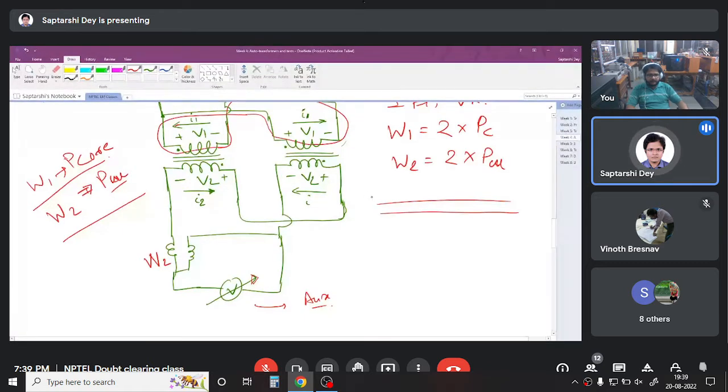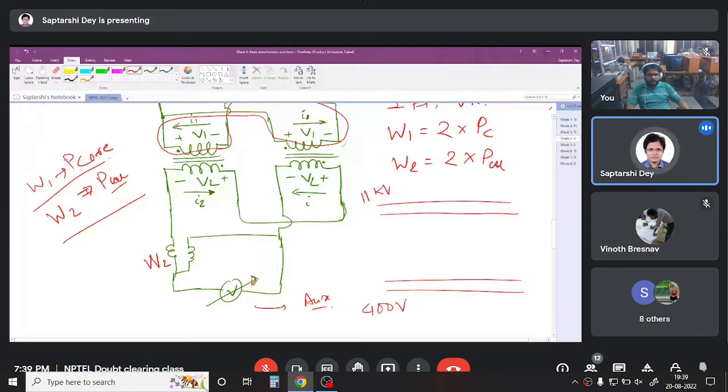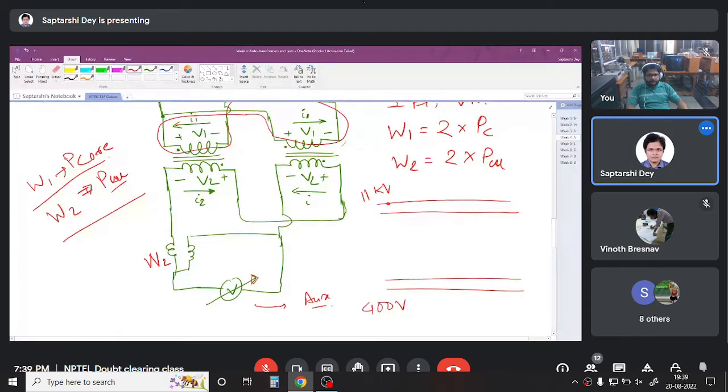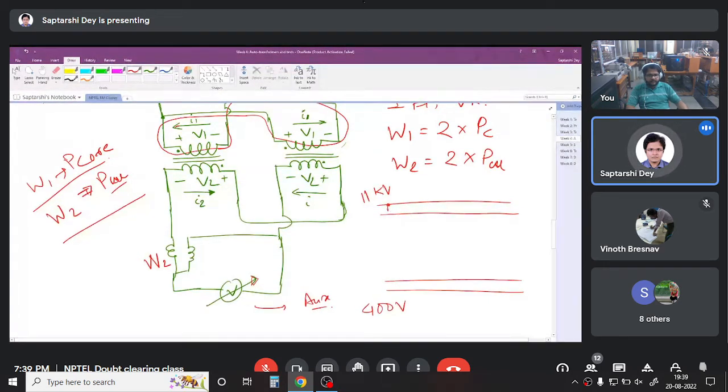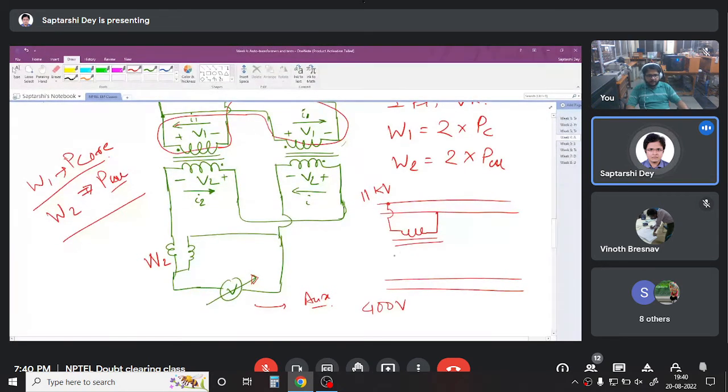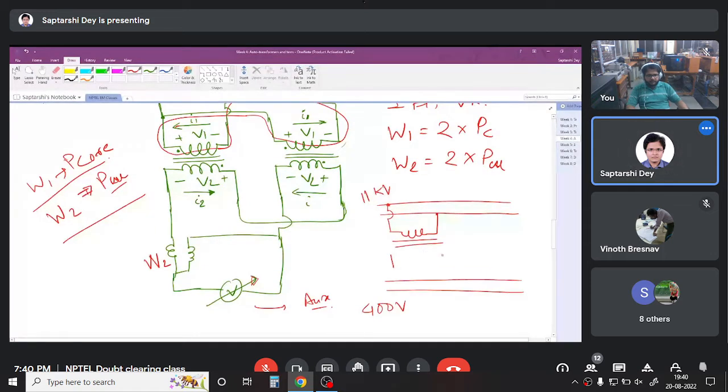suppose you have an 11 kV line, the high tension lines that come to your locality or my locality, and they are stepped down to 400 volt. Okay, 3-phase. I am drawing single phase, though they are 3-phase. And say one transformer was there previously, maybe from your childhood. That was there for a long time.